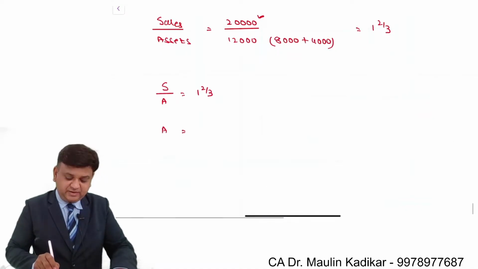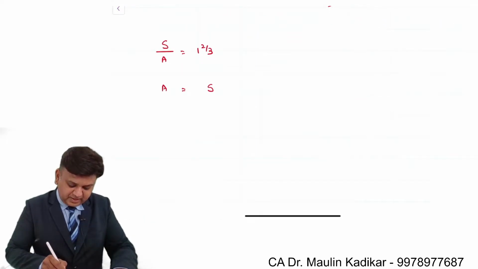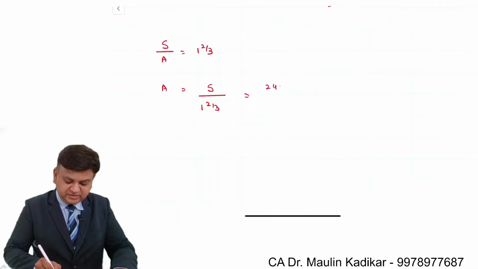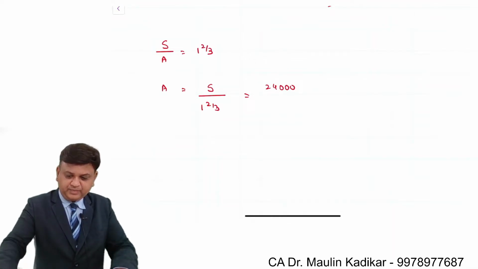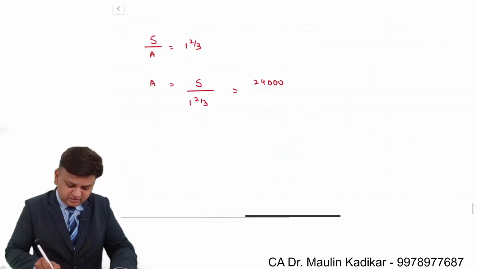So the assets of the company is equal to sales divided by 1/2. What is the sales of the company? 24,000, which I just explained to you, divided by 1.67 or 6666, like that. So divided by 1/2, that comes to 14,400.